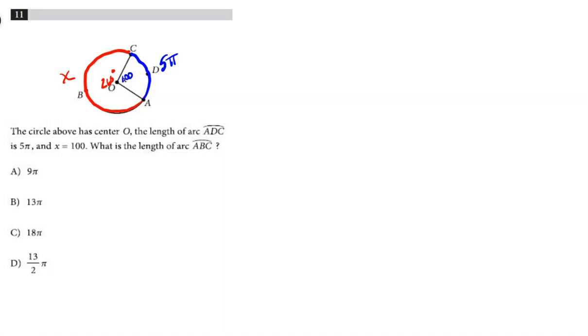This should be proportional. So we know that 5 pi is to 100 as x is to 260. All right, so I put the degrees on the bottom, the arc length on the top, and we just have a proportion. So let's do a little cross multiplying.